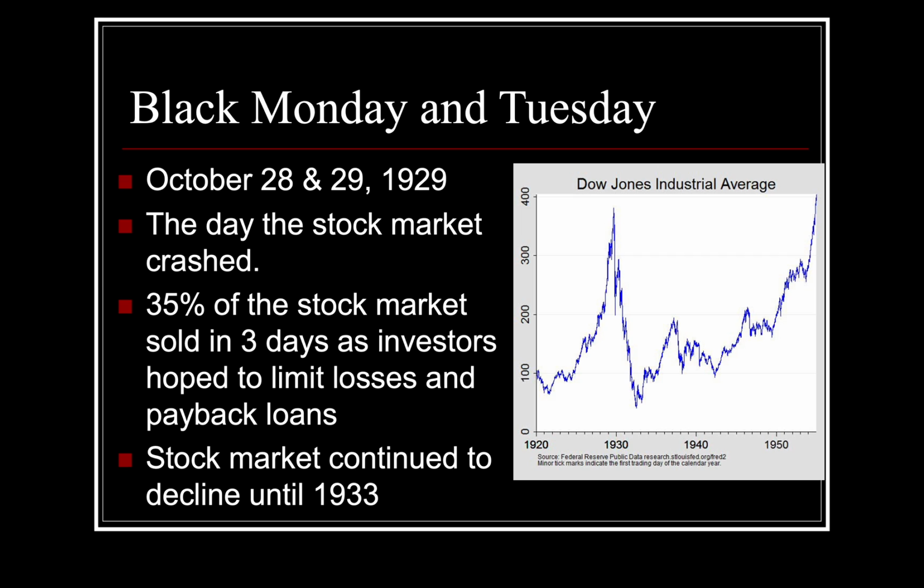As more and more investors were unable to pay back their loans, they continued to sell more and more stocks, and as you can see in the graph on the right-hand side, the stock market went through a 3-year decline in which it lost over 50% of its value. Some estimates have the stock market declining by up to 75% over that 3-year period.